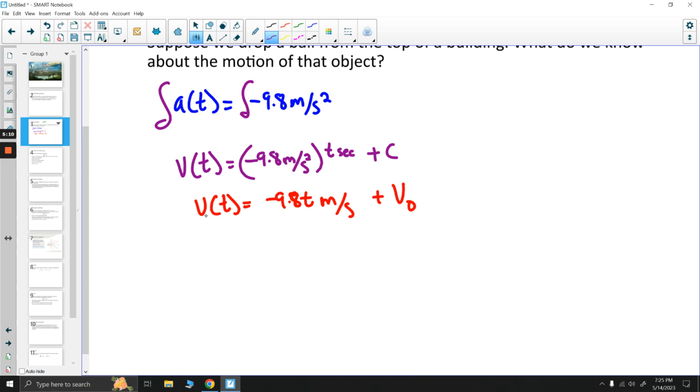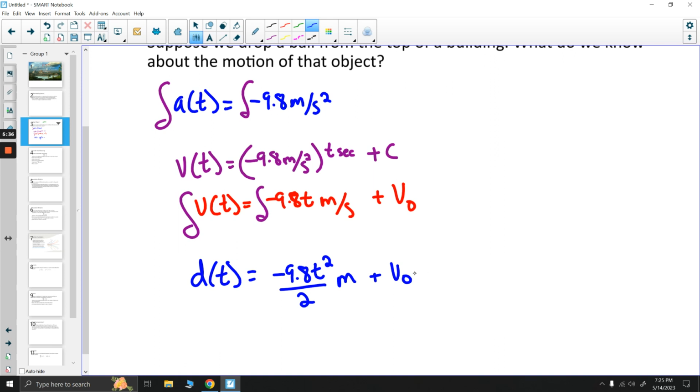Now we have our velocity, and we can find our distance with respect to time by taking the integral of this. So distance with respect to time is equal to negative 9.8 t squared over 2, plus v sub naught t, plus some new constant.